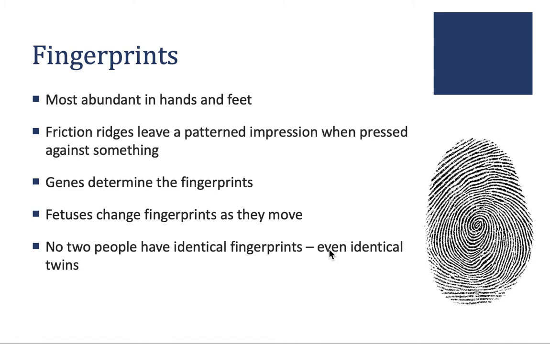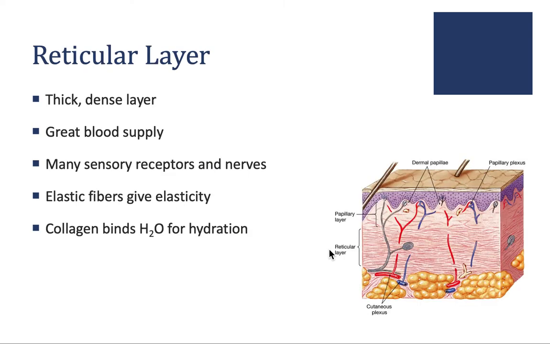So as they move, they kind of push and move the fingerprints a little bit, which is why even identical twins don't have the same fingerprints. They may have started with the same fingerprints because they have the same genetic code, but they move differently inside the uterus. So then we move deeper to the reticular layer.